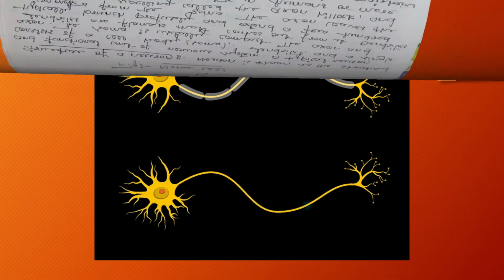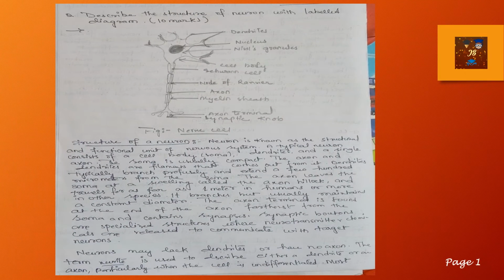Now I come directly to the note. You see here one picture is given. As I told you earlier, again I am telling you that these are the dendrites, nucleus, and little granules, like the dot portion in the cell.